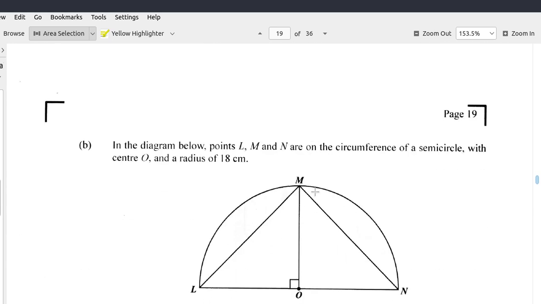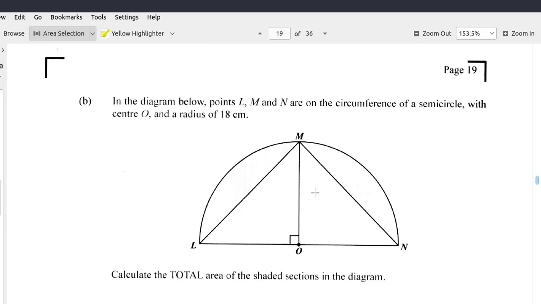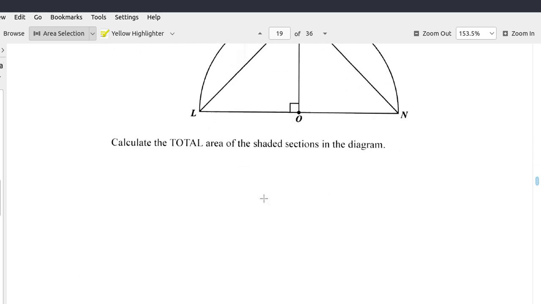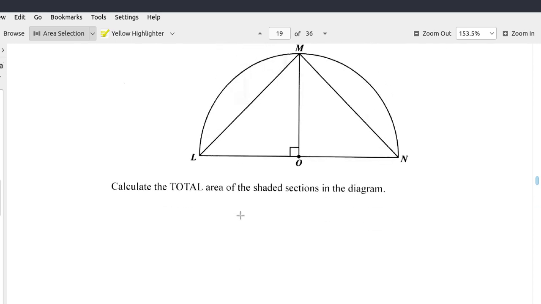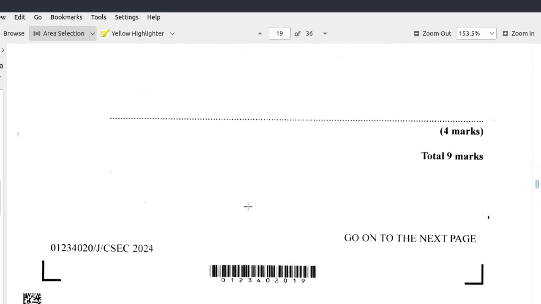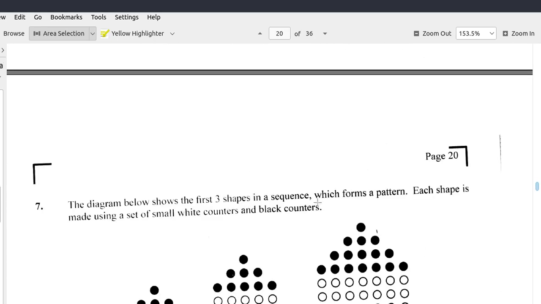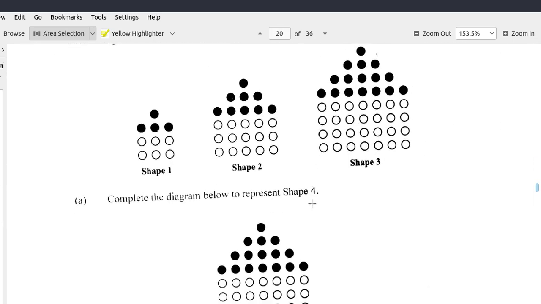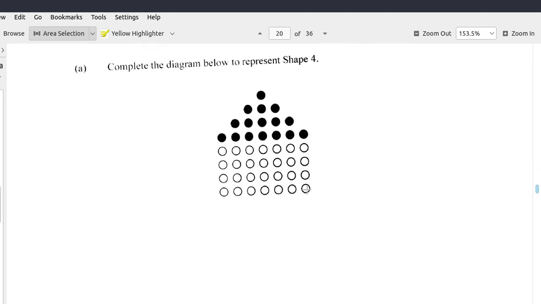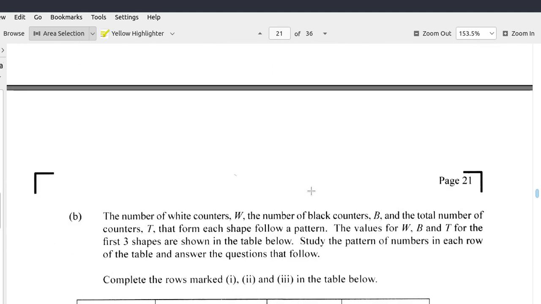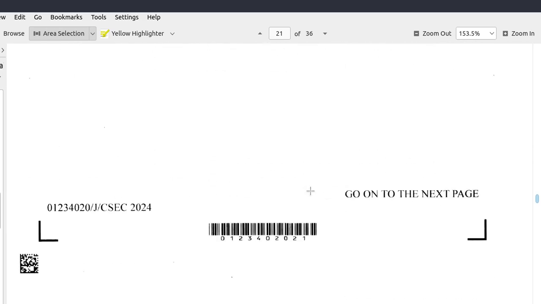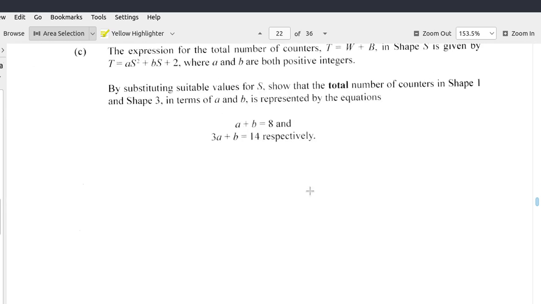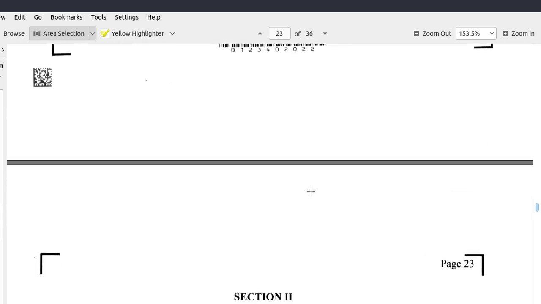All right. Then you have some amount of trigonometry with a circle theorem here. All right. Let's see what else you have. Okay, patterns and sequences. So you're going to fill out that page with the patterns that you generate.